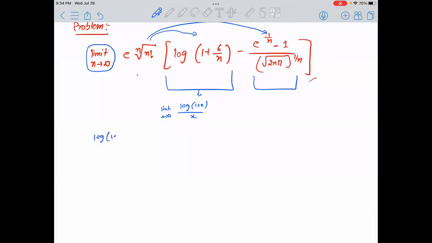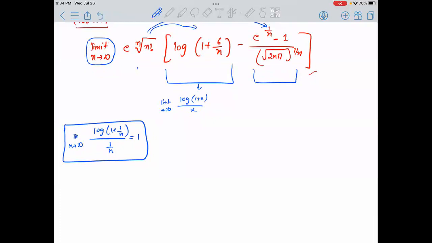So, remember this: limit n tends to infinity of log(1 plus 1 by n) divided by 1 by n equals 1. Do you agree with this formula?